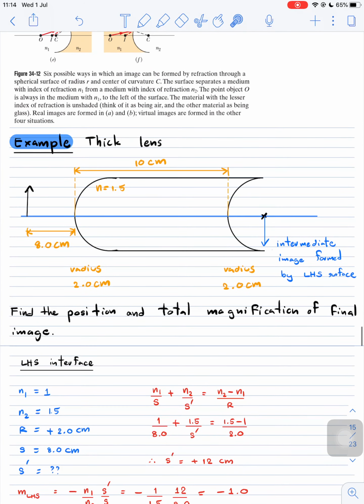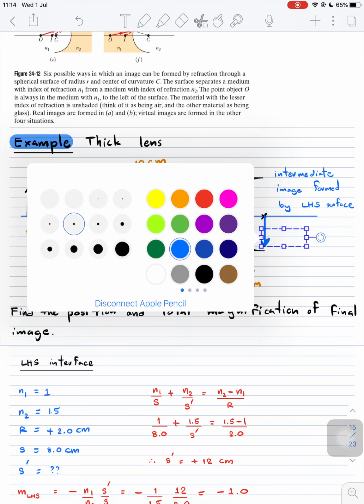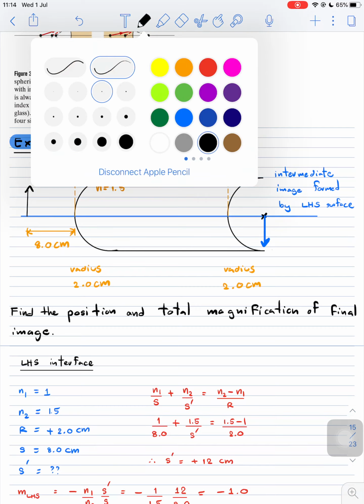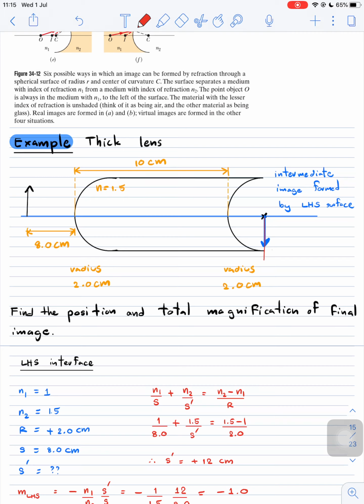So you can see that if the object is rotated in the upward direction, in this case the final image will be rotated in the downward direction, with a height that is 1.5 times the original height of the object.